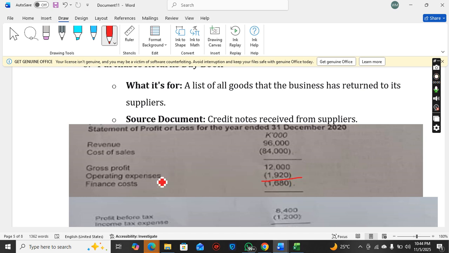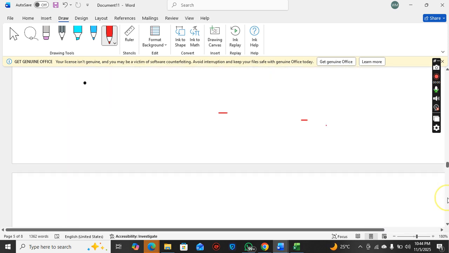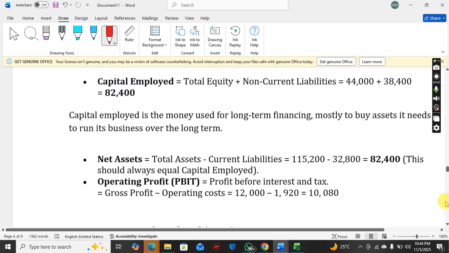Okay, that's how you get to your operating profit. Gross profit minus operating expenses. So 12,000 minus 1,920, you're going to get 10,080 kwacha.